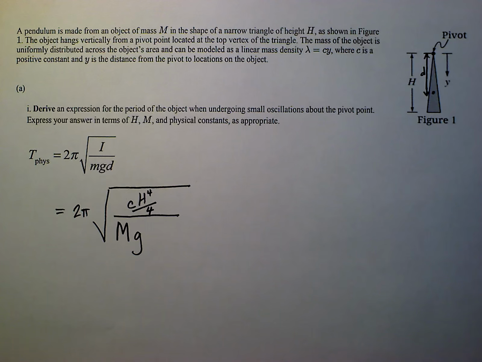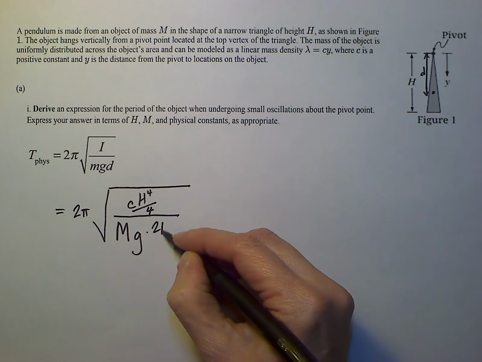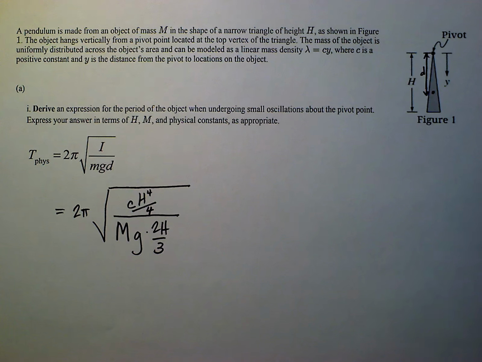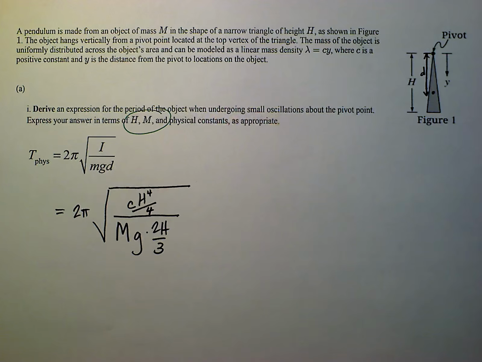And then I found d from my most recent calculations, so that's 2h over 3. Now if I just stop at this point, I've got a problem, because although some h's would cancel out, I'm not allowed to have c in my answer. If I look back here, express my answer in terms of h, m, and physical constants. So I can keep the little g in there, but the c I cannot.